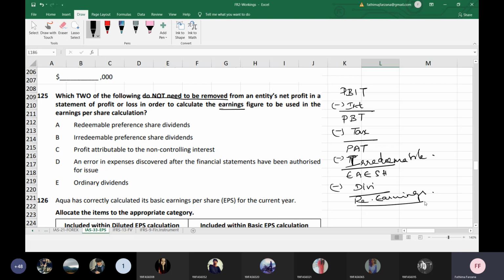Yes, ma'am. Okay, now you see the problem. They are asking which of the following do not need to be removed from an entity's net profit to calculate the earnings figure to be used for earnings per share. That is, this amount I need to get earnings available to equity shares. Which should not be removed, they are asking. Number 1, redeemable preference shares.